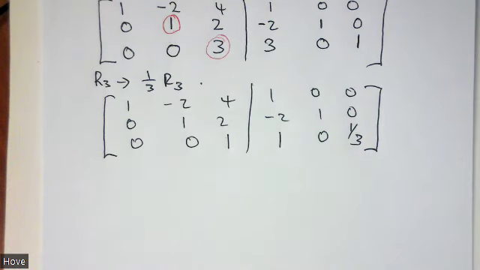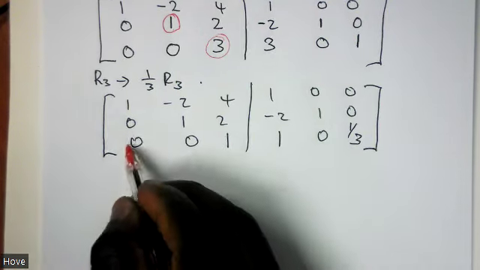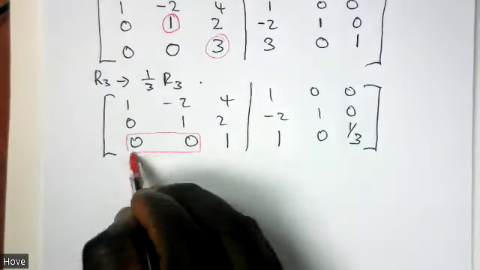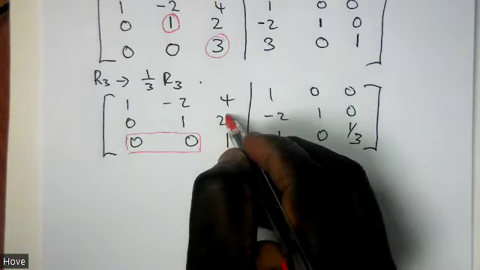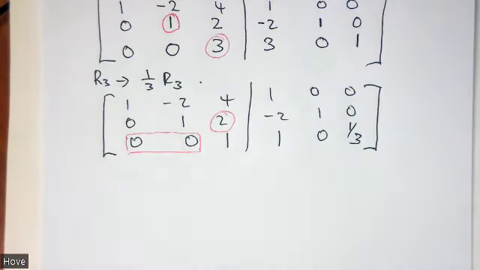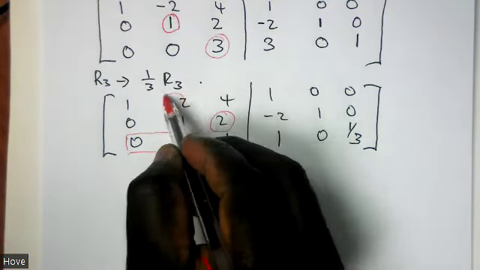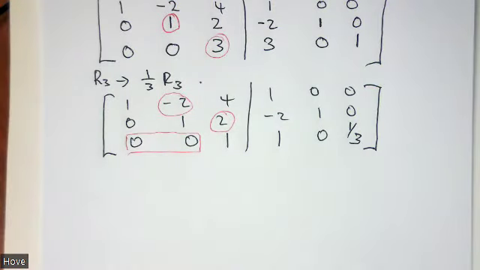So what is the next operation? I need to perform 2 additional row operations because row 3 is already okay. I have my zeros, but I want a 0 here, a 0 here, and another 0 here.